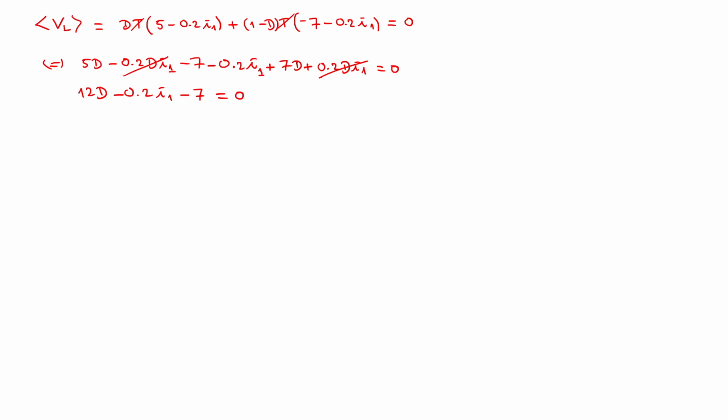For the ideal case, you don't have the internal resistor, which is 0.2 here, then you don't have I1, so it's easy to solve, right? In this equation, for the ideal case, you can directly find d, but it's not the case. In real life, you always have internal resistance. Probably it can be small, but it exists.